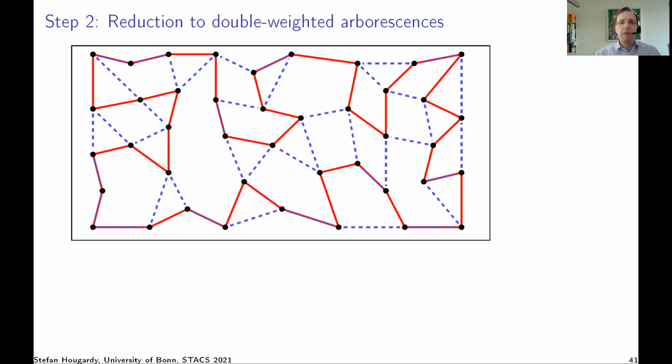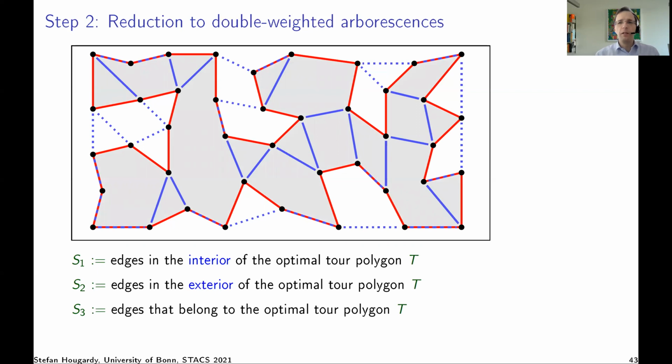And for this, we partition the edges of the 2-optimal tour into three sets by looking at the area enclosed by the polygon of the optimal tour. And we will denote by S1 all the edges that lie inside of the optimum tour polygon, by S2 all the edges in the exterior of the optimum tour polygon, and by S3 we will denote all the edges that are part of the optimal tour.